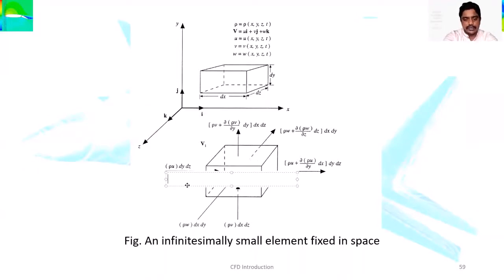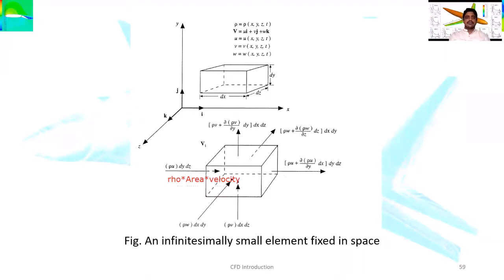That is rho into area into velocity. This is where I have brought that equation from. That means the mass flow rate entering is density into area into velocity. Now the next question comes: what exactly is the density along this fluid flow?